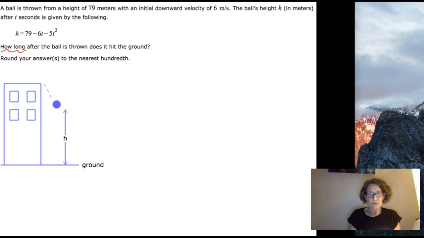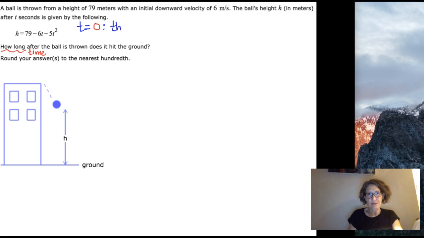All right. So let's think about a situation. Well, first of all, what are they asking us for? They're asking us for how long, and that means time. How long usually means how much time. So let's think about a particular time. What is going on when t equals 0? So t equals 0 means 0 seconds after the ball has been thrown.